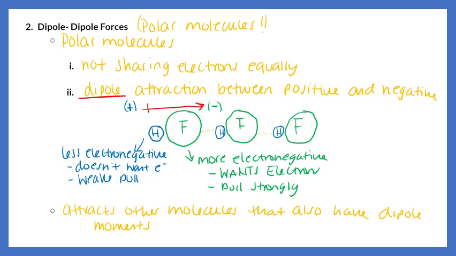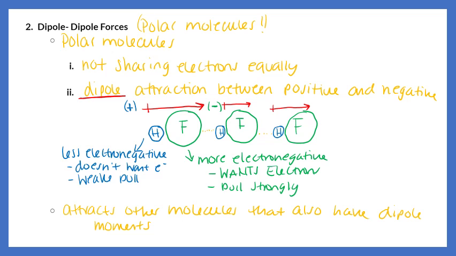So again, this hydrogen and fluorine created a dipole, and this hydrogen and fluorine create a dipole. And so the positive is attracted to the negative, and the negative is attracted to the positive, and that's how we can get a bunch of these hydrogen and fluorine molecules attracted to each other to make a large substance. Okay?